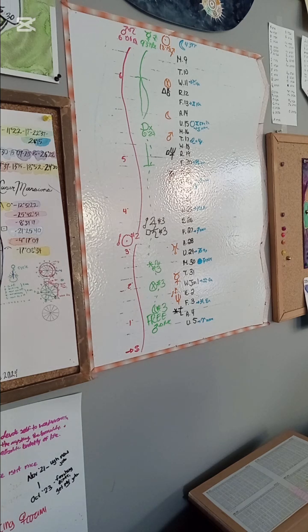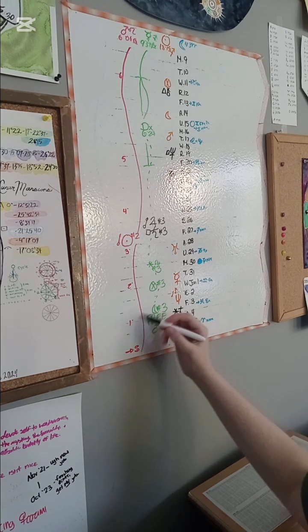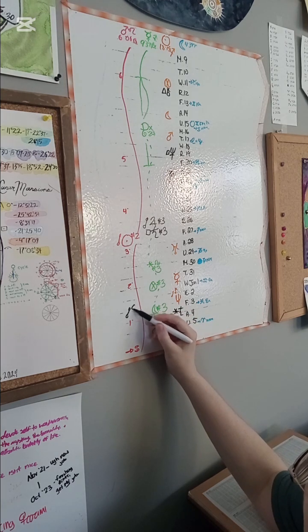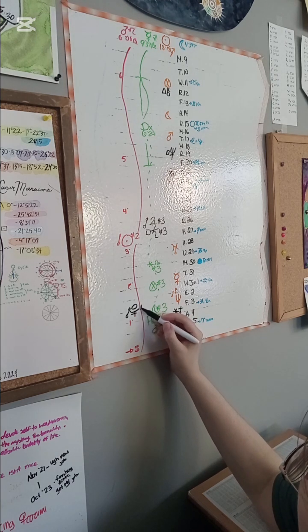So right now, I know those couple days are going to be big because Mercury's talking to Saturn for the third time. Mars is talking to my sun for the second time while he's slow as hell.